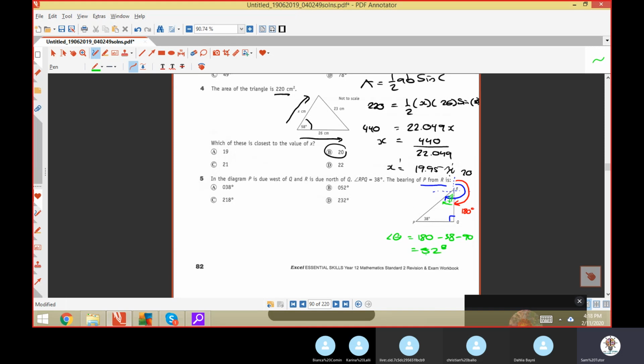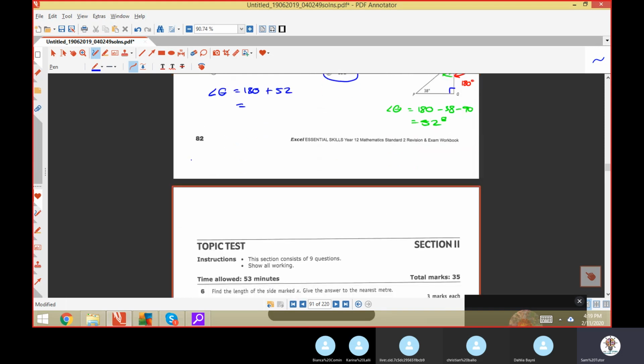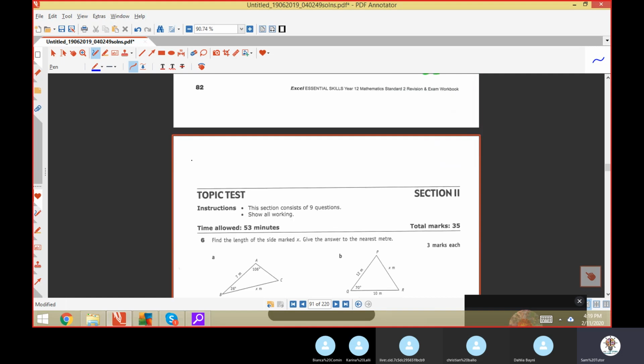So the green part is that 52 degrees there, and then you add the 180 to the 52 to give you the entire blue bearing, okay? Is it okay for me to move on? Yep.